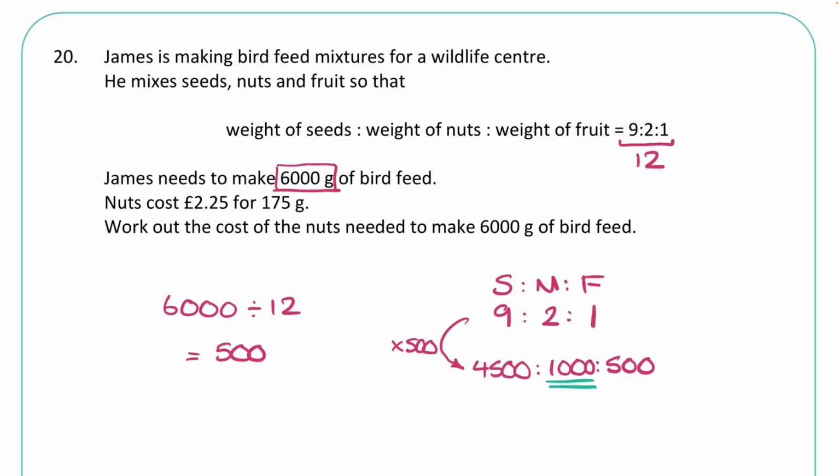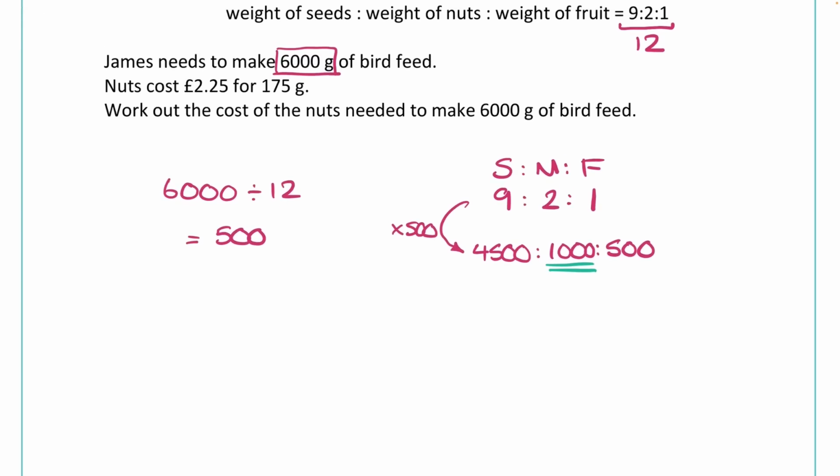Now the question here says nuts cost £2.25 for 175 grams. Now it doesn't specifically say you can only buy the 175 grams, but we will assume that this means that this is £2.25 for like a 175 gram bag. So how many of these bits would we need? Well, 1,000 divided by 175.